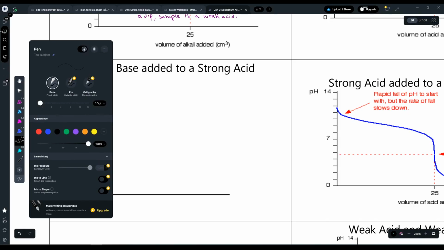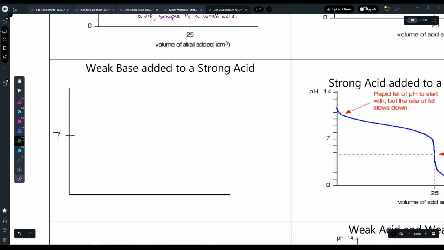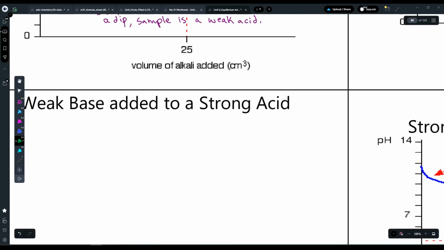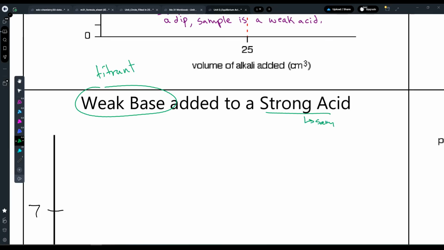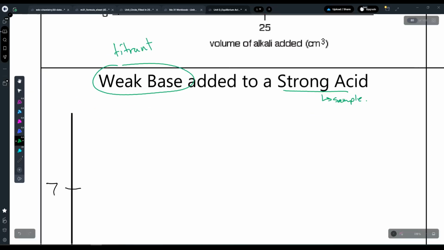So what's going to happen here for our curve? Because a weak base is being added to a strong acid, the weak base is your titrant. The strong acid is your sample. So that means the curve starts out low and goes high.